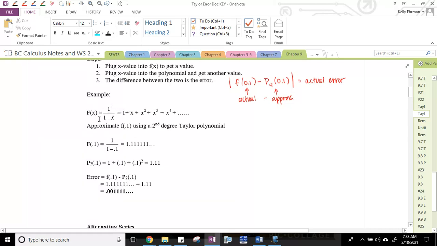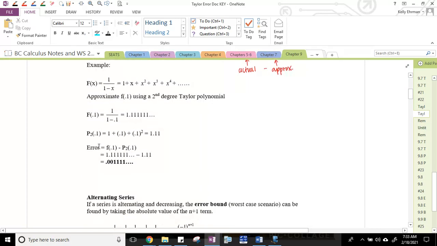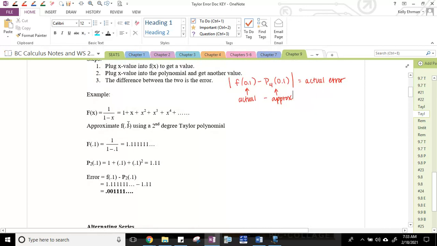Let's say our function is 1 over 1 minus x. Generate all these terms. We want to approximate f of 0.1 using a second degree Taylor polynomial. So we could plug 0.1 into 1 over 1 minus 0.1 to see what that actually is, right? Just like we could in our calculator find sine of 0.1, something like that. So here's what we're saying the actual function value is.